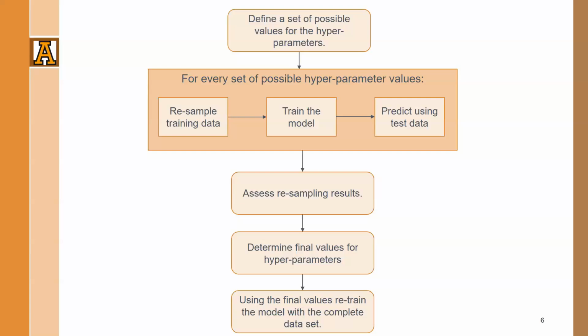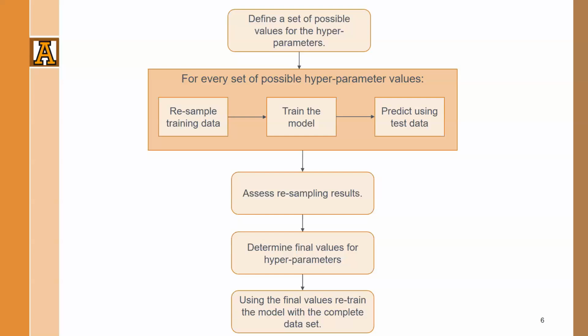Once we have the final values for the hyperparameters, we use them to retrain the model, but now the full model with the complete data set. Okay. With examples, the process will be clear. Again, the first step is always pre-processing, then selecting the possible values for the hyperparameters.